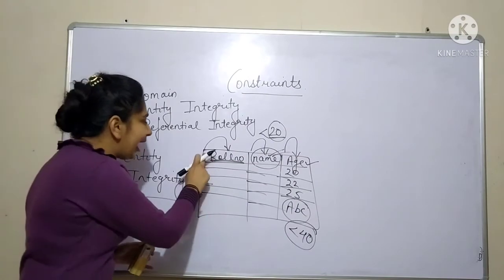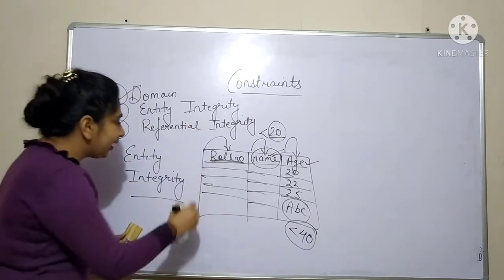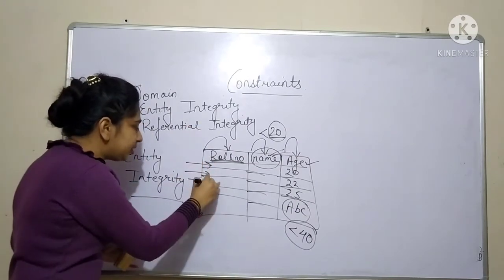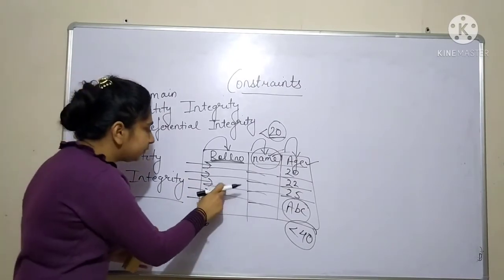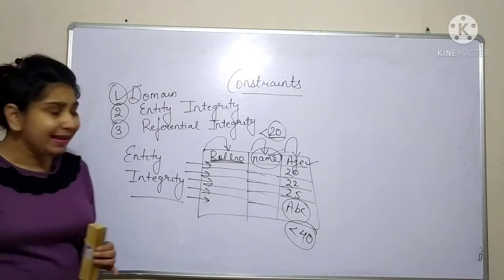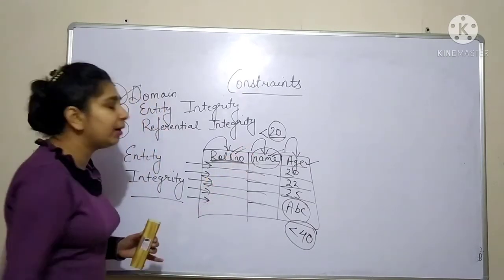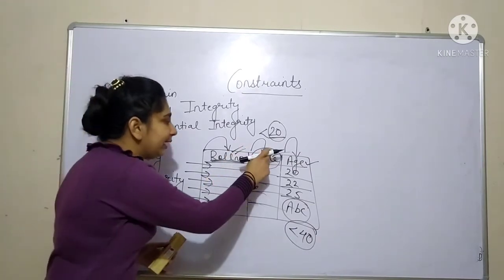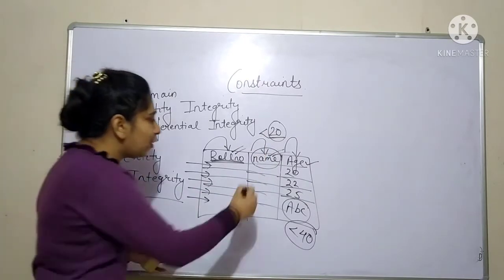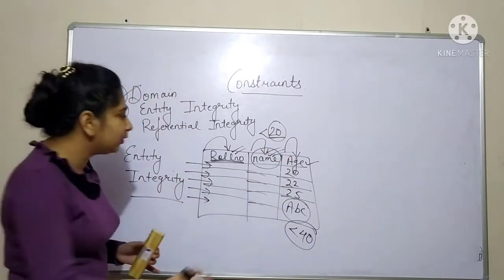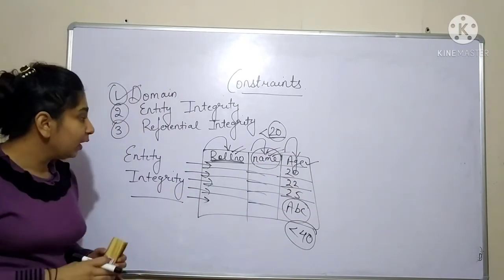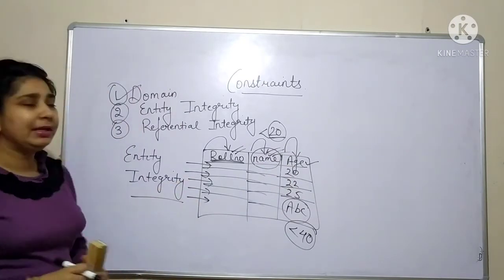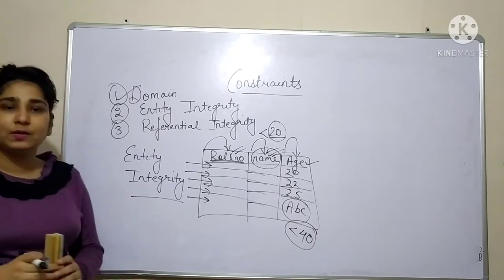With the help of roll number, you can uniquely differentiate between each and every record of the table. If you are given roll number, then you can find the value of name and also the value of age. So what is the meaning of entity integrity constraint?